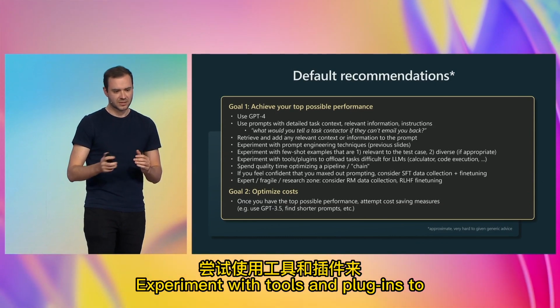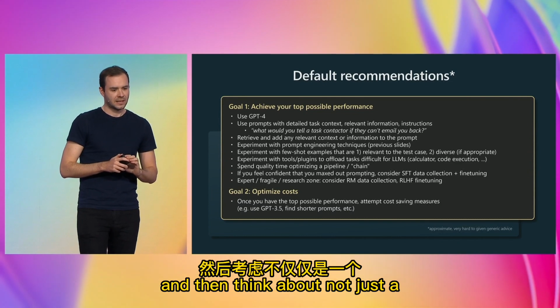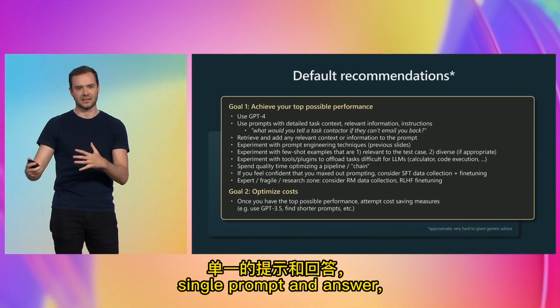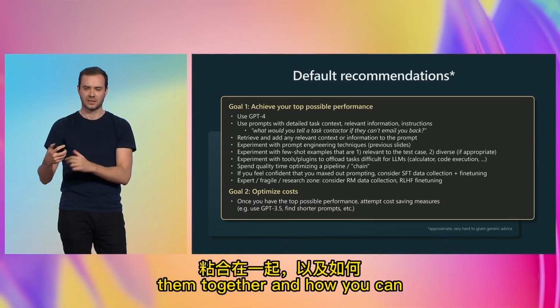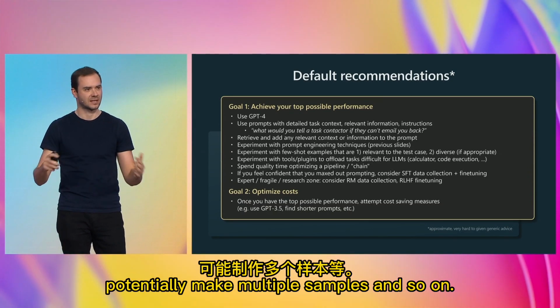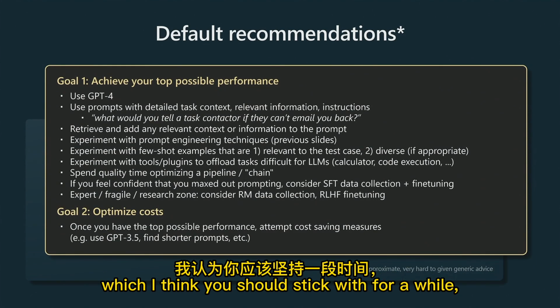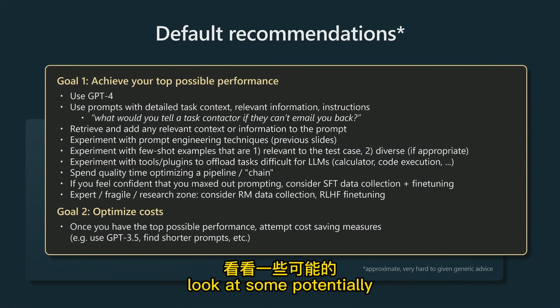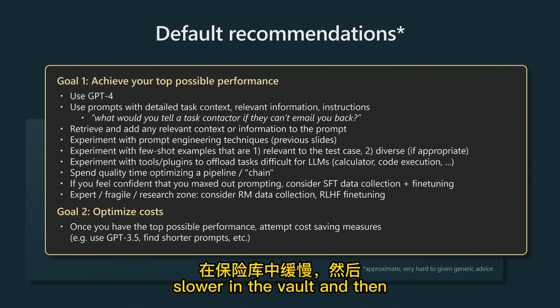Experiment with tools and plugins to offload tasks that are difficult for LLMs natively. And then think about not just a single prompt and answer. Think about potential chains and reflection and how you glue them together and how you could potentially make multiple samples and so on. Finally, if you think you've squeezed out prompt engineering, which I think you should stick with for a while, look at some potentially fine-tuning a model to your application, but expect this to be a lot slower and more involved.